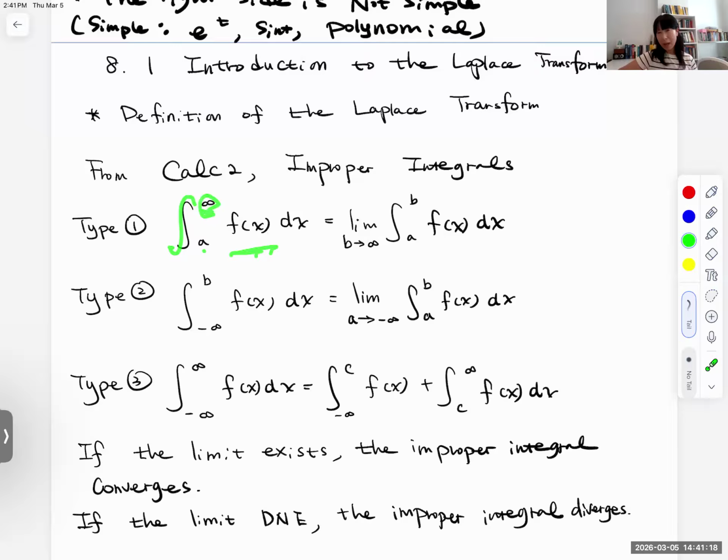The infinity is the bad spot, so we take the limit, with b approaching positive infinity, denoting that infinity as b. If we have the integral from negative infinity to b, the bad spot is negative infinity, so we take the limit of a approaching negative infinity, denoting the lower limit as a.